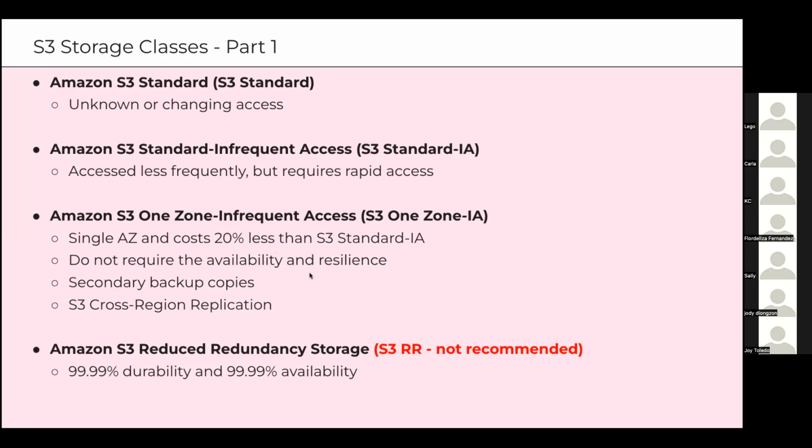There's also an older class, okay, an older class called S3 reduced redundancy storage. Okay, and you can see it's 99 durability. Sinacrifice niya yung durability niya and only 99 availability. Not recommended. And if you're inheriting a previous AWS account, check if meron pang reduced redundancy because it's actually more expensive than standard already.